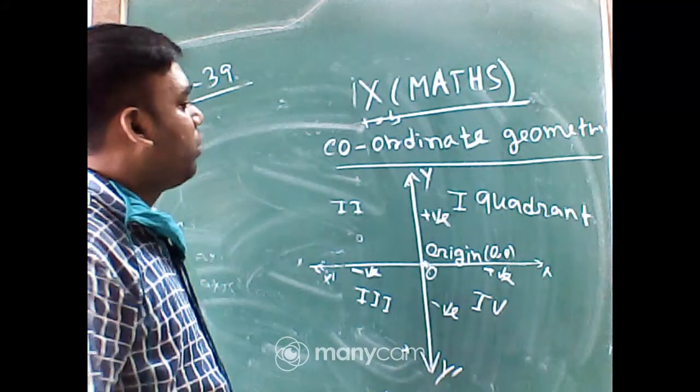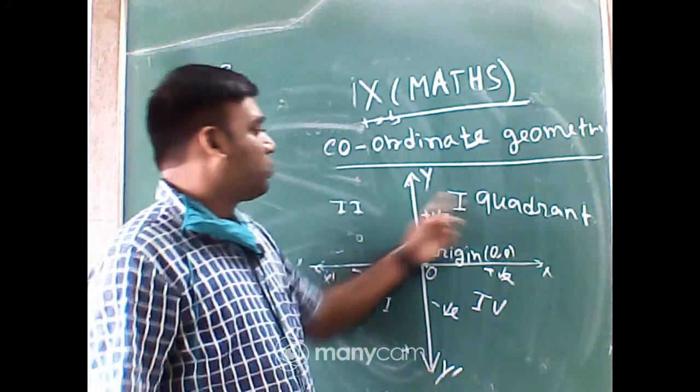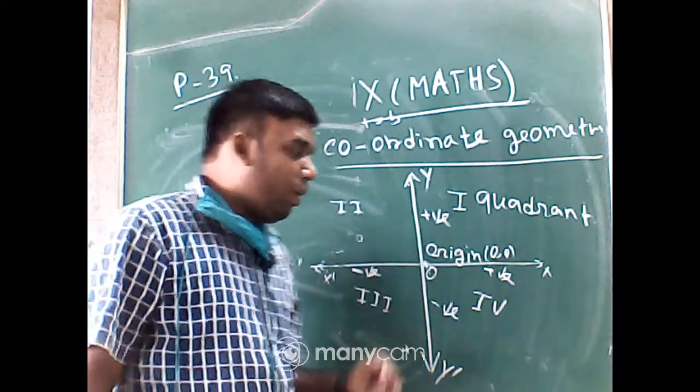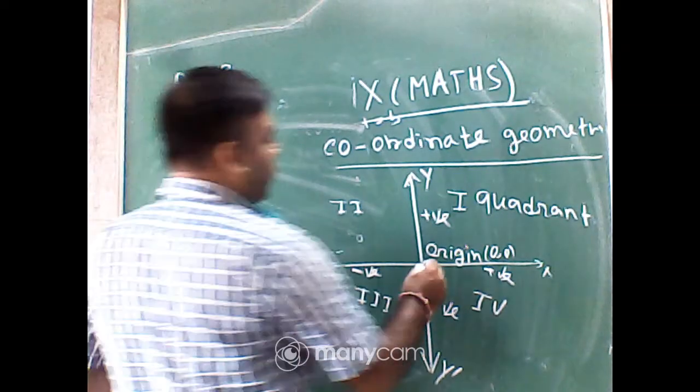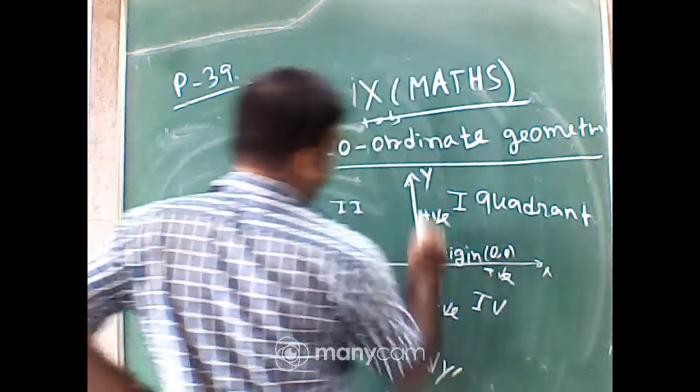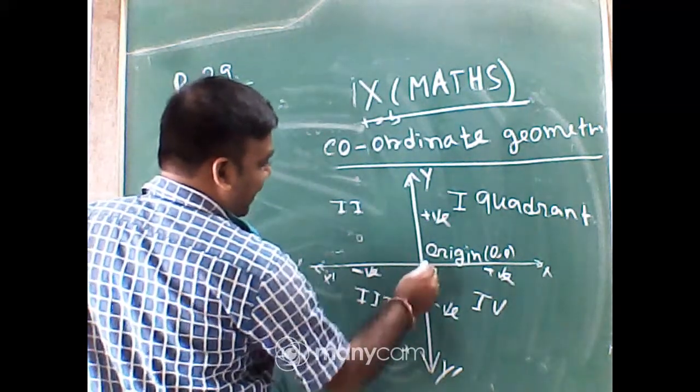Now get to the point: first quadrant, second, third, fourth. I have told you about the positive x axis, positive y axis, negative x axis, negative y axis.